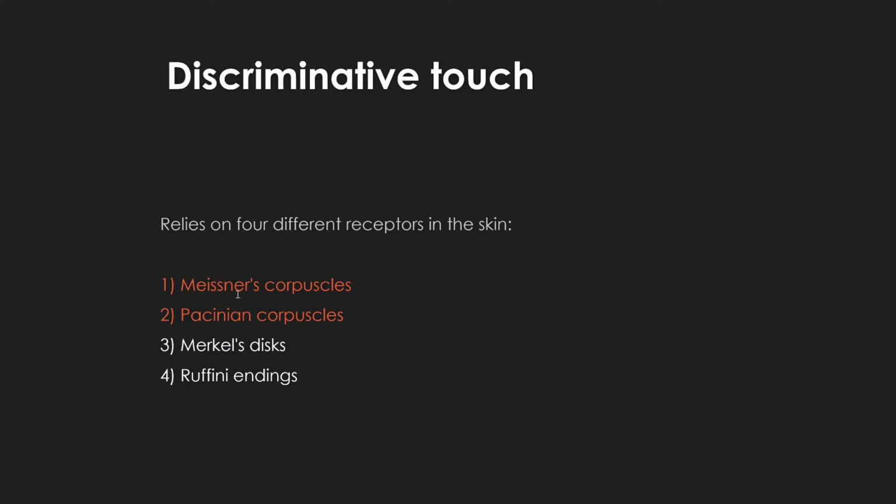Let's start with discriminative touch. This type relies on 4 different receptor types located in the skin. We're not going very deep into their formation, build up and physiology, but what we need to know is that there are 2 main types, quickly responding and slowly responding.